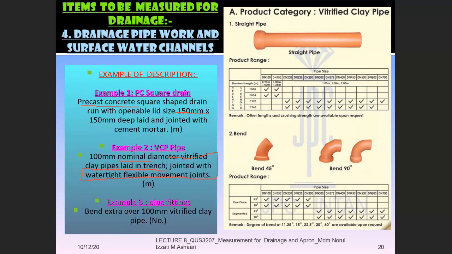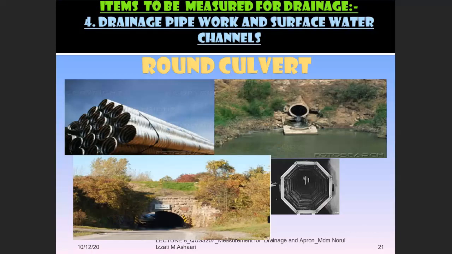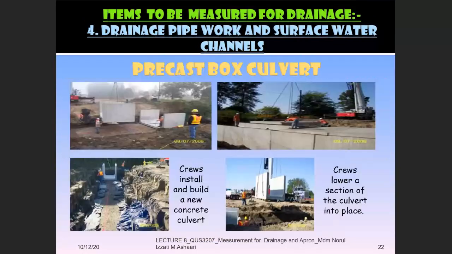If this is not given, we assume that at the corner it is a 90-degree bend. This is an example photo, just to show you the big size of your surface water drainage, or sometimes we call this a round culvert. And then you also have hexagon.